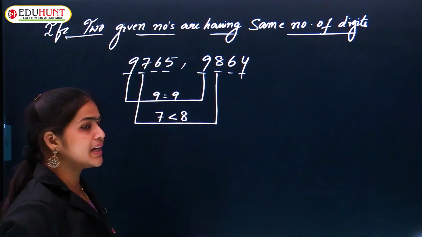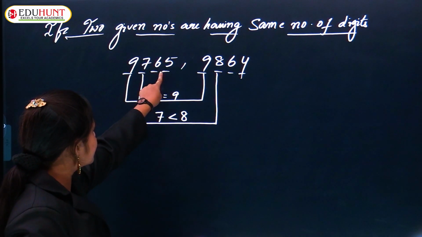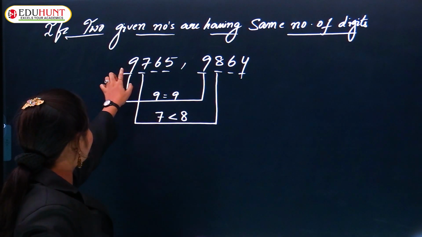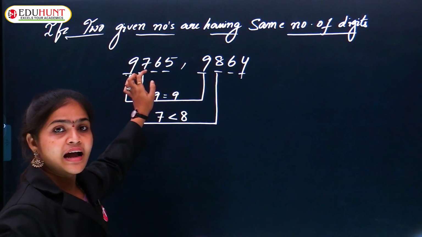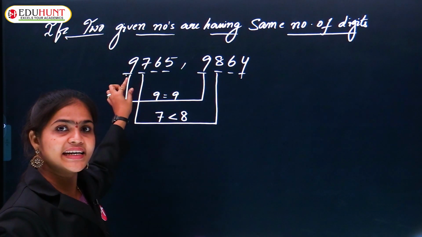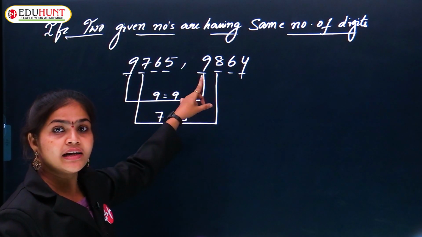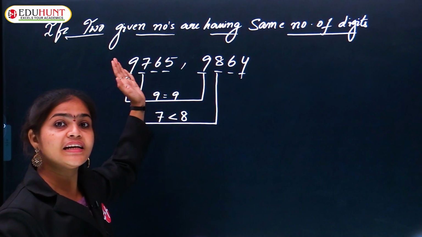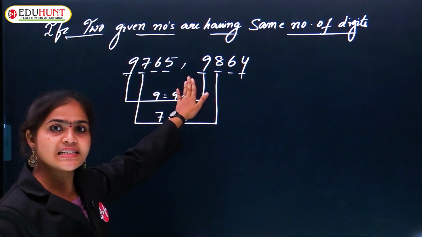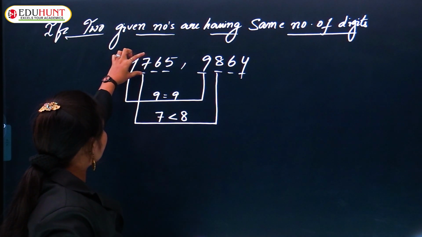Here we can easily compare it. This is 9765, this is 9864, and the highest place value is thousands; the two numbers have the same digit there. That's why we go to the next highest position, hundreds.